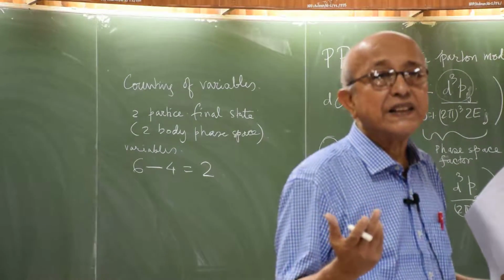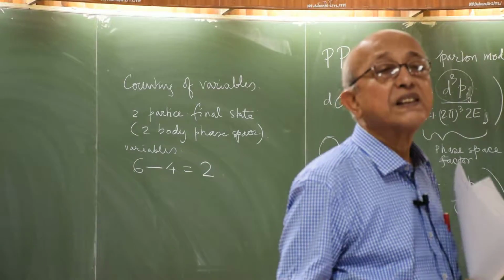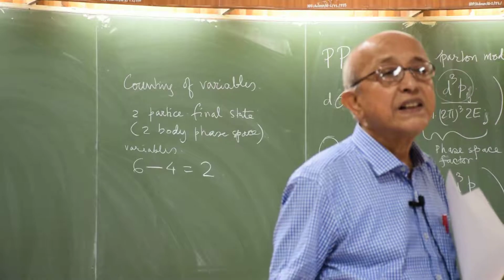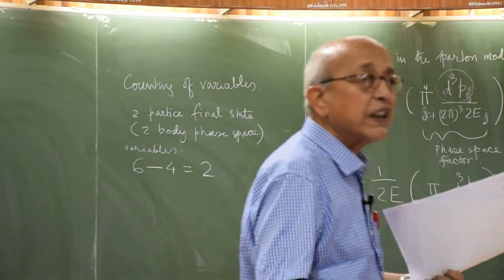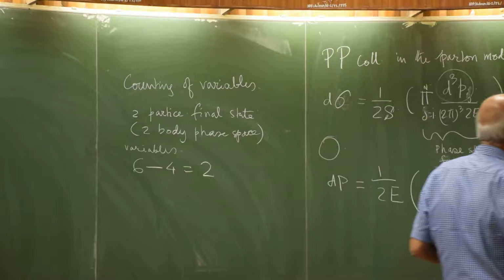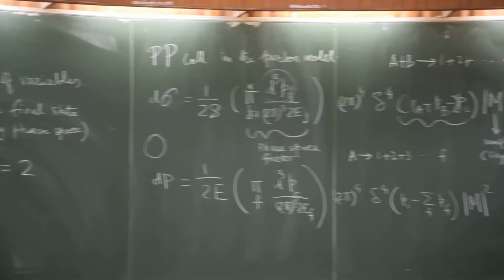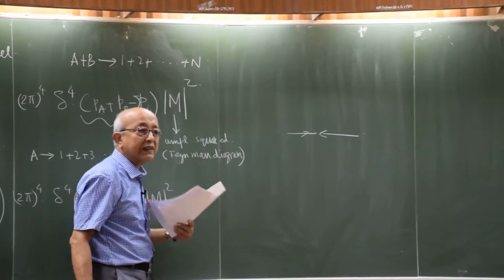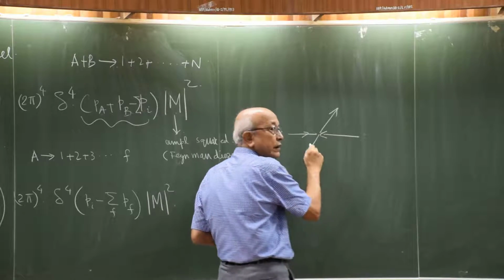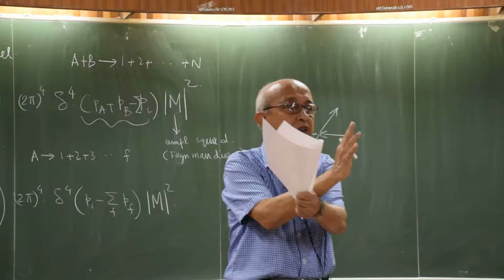Out of which for a 2 to 2 process the azimuthal angle dependence is trivial. Why? Because let us look at everything in the center of mass. What happens in the center of mass? These 2 particles are back to back. Therefore these 2 particles will also be back to back.